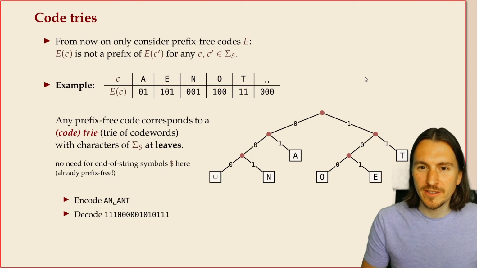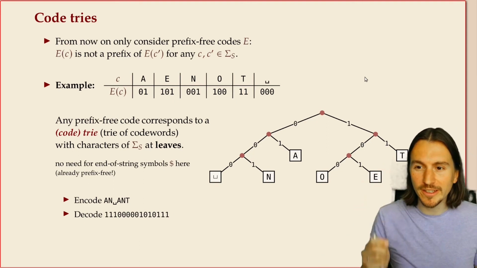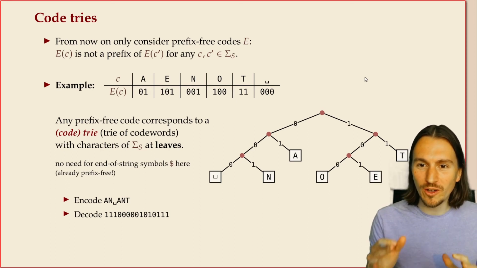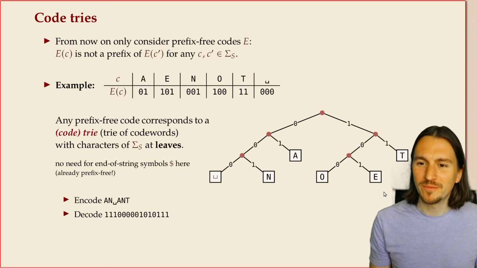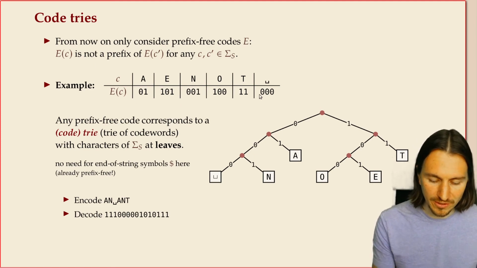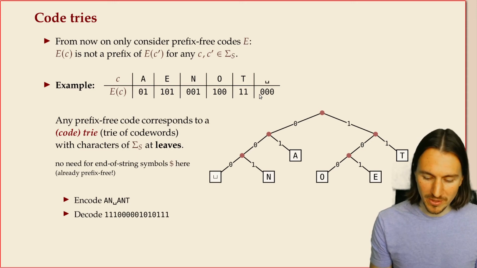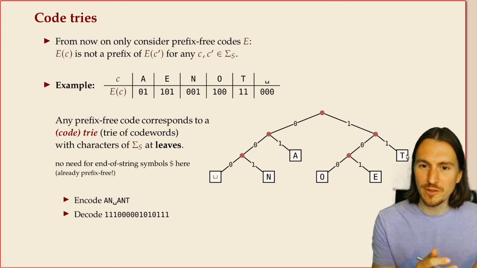Another way to represent this prefix free, if you think back, unit 6, we've heard this before. If you take all the code words and represent them in a trie, like so, for this code here, then you immediately see whether or not there is a problem. If all the letters are in leaves, then we're good. There's no code word that's a prefix of another one.